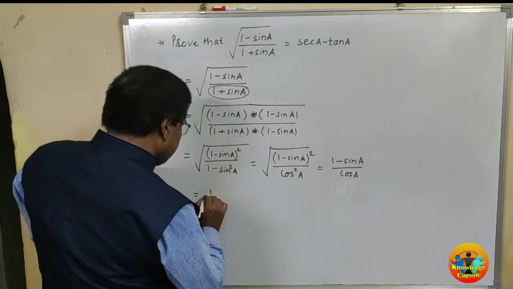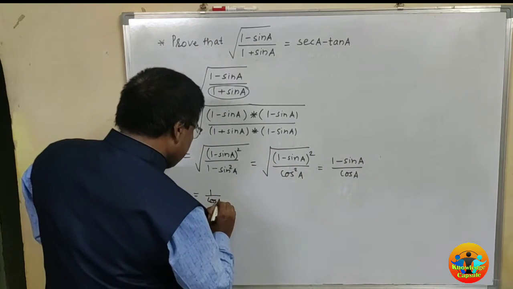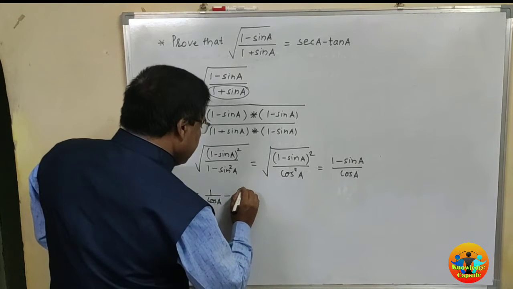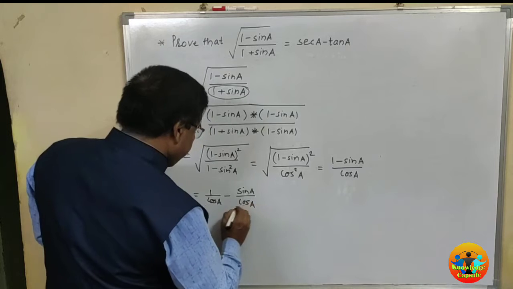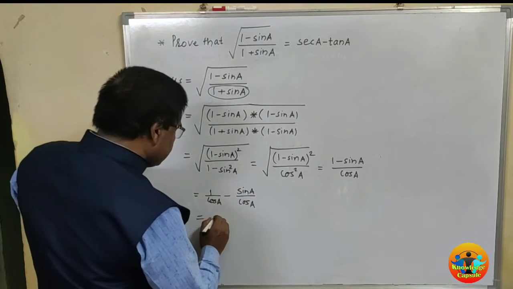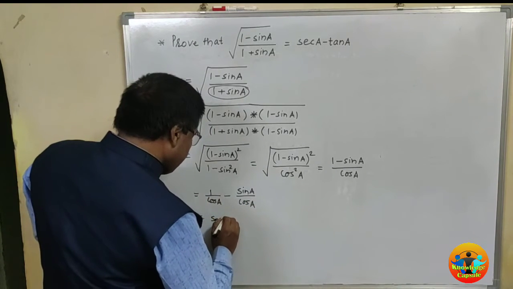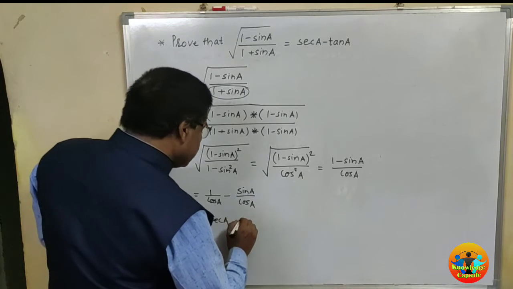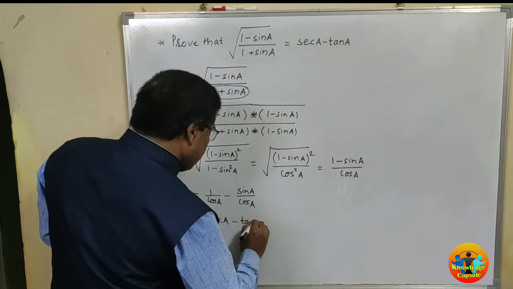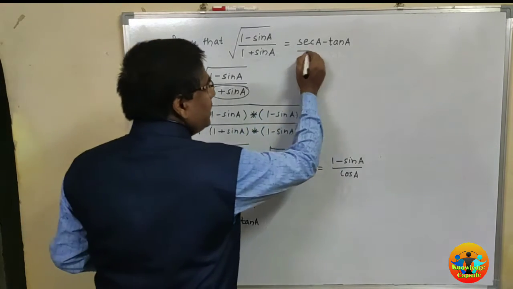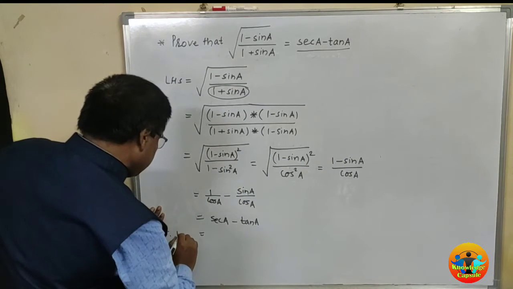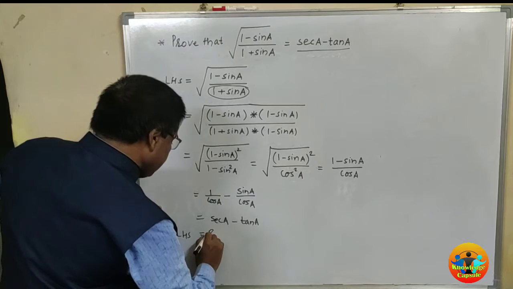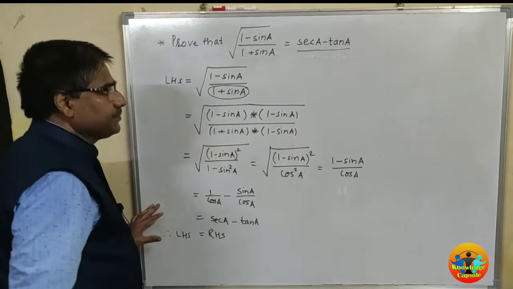This will be 1 by cos A minus sin A by cos A. 1 by cos A is sec A and sin A by cos A is tan A. This is the right hand side of the equation. Therefore, LHS is equal to RHS.